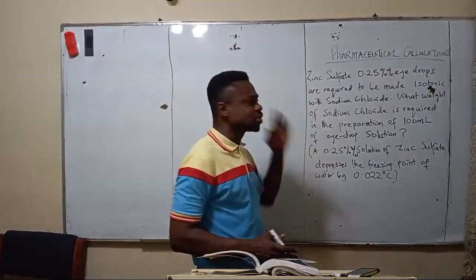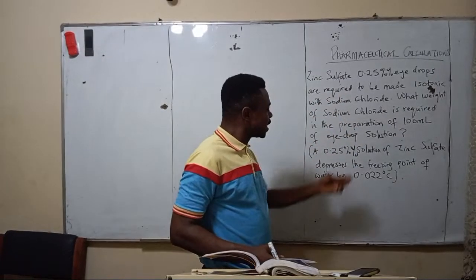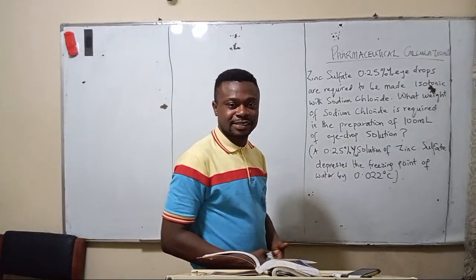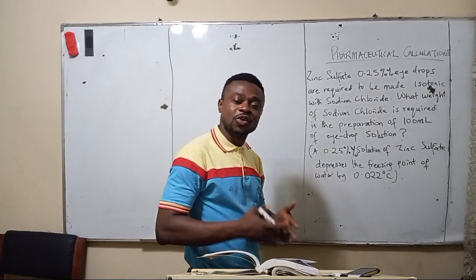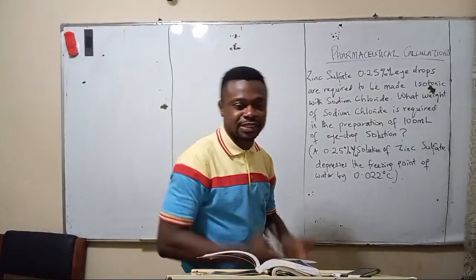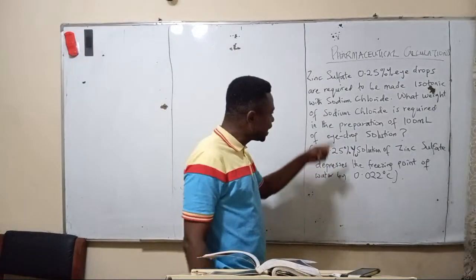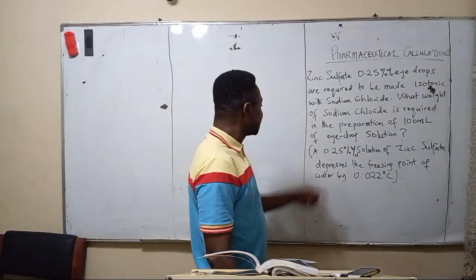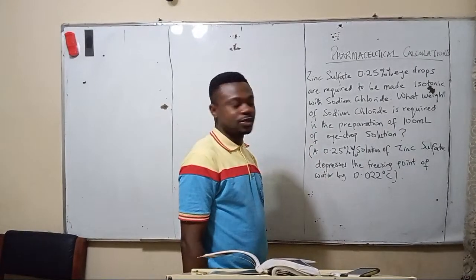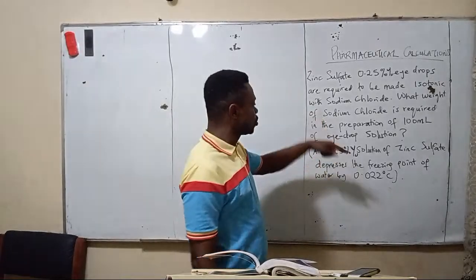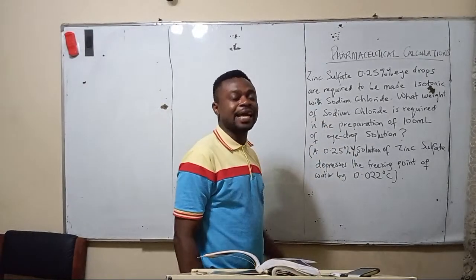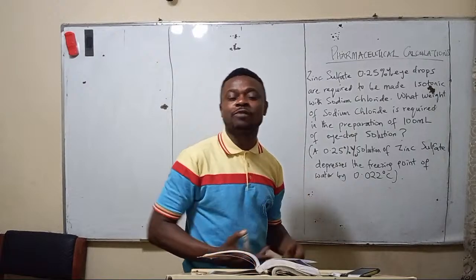But this solution on its own, 0.25%, can only depress by 0.022 degrees Celsius. There's a problem. That's why it's not isotonic. So what do we do to make this isotonic? We need to add sodium chloride. And how do we now determine the amount of sodium chloride we need to add?